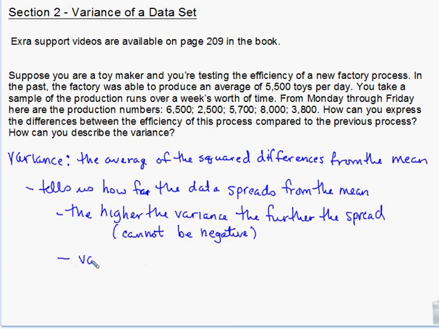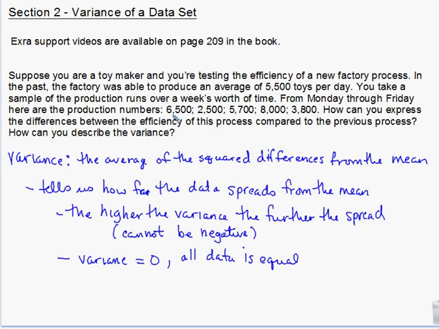If your variance is 0, then all the numbers are the same. For example, let's say you are manufacturing toys, and every single day you manufacture 6,500 toys.